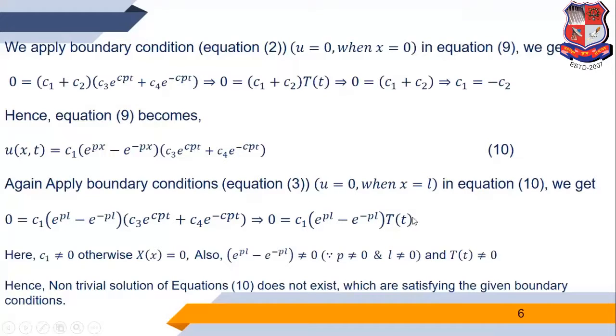This equation indicates that T(t) is not equal to 0, this form is also not equal to 0, and we can't consider c1 equal to 0. Therefore we can say the given equation 1 has no non-trivial solution satisfying the given boundary conditions for the case k greater than 0, and all this we discussed in the previous lecture.